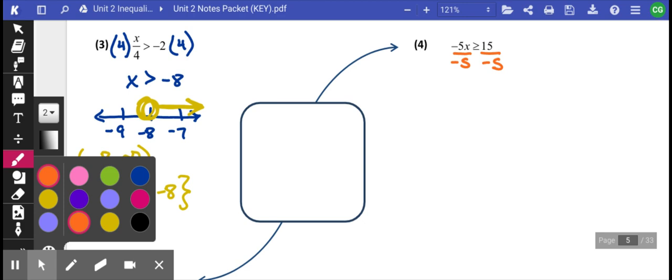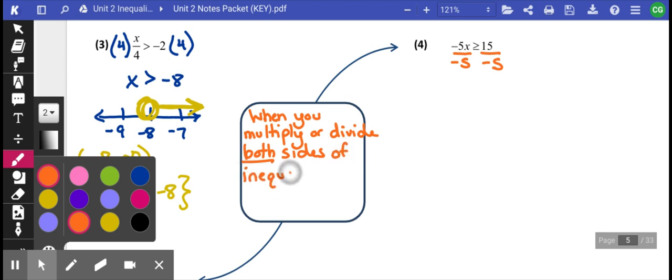And if you remember from middle school, when you multiply or divide both sides of an inequality by a negative, we need to switch the inequality sign.